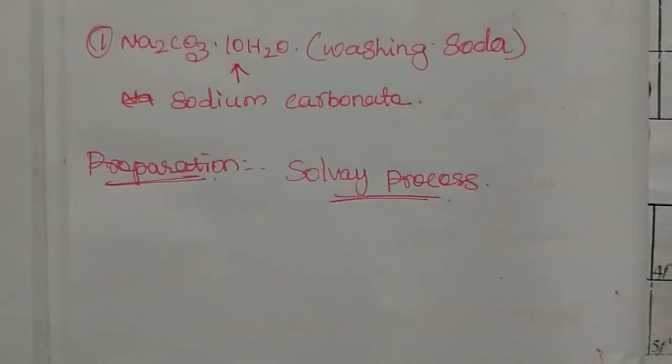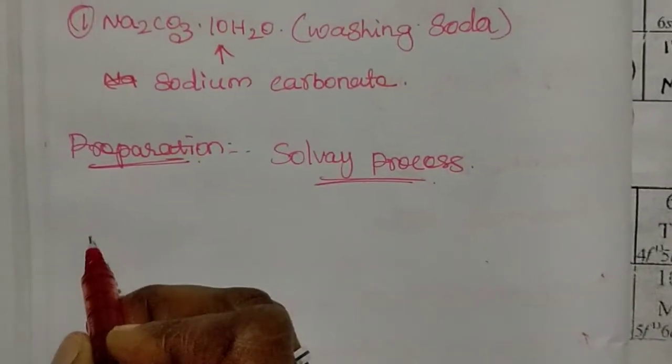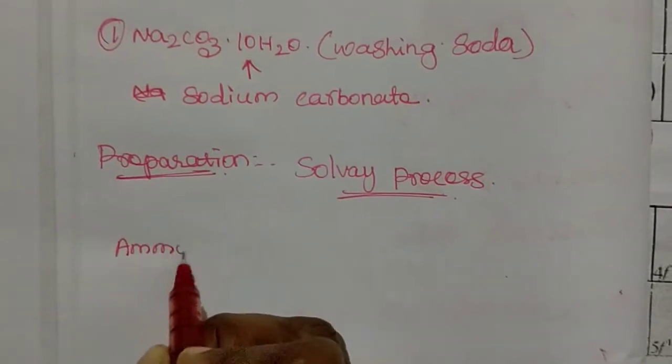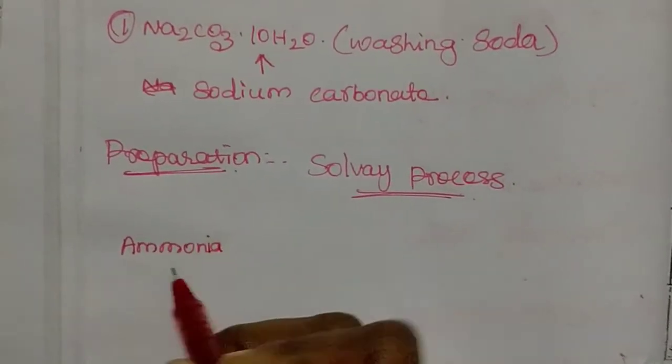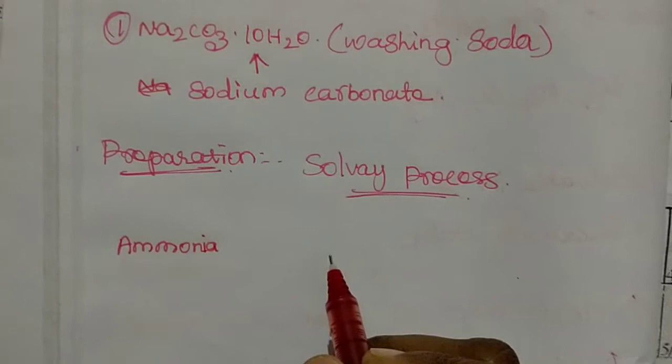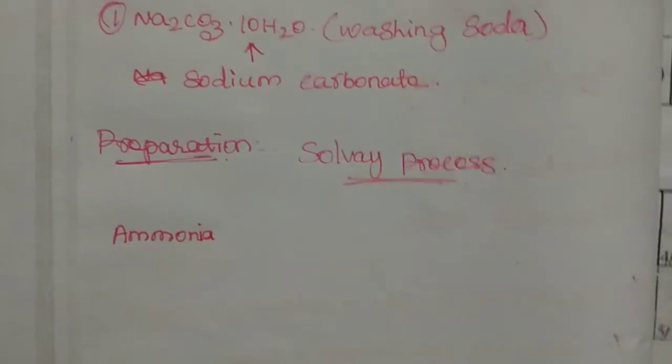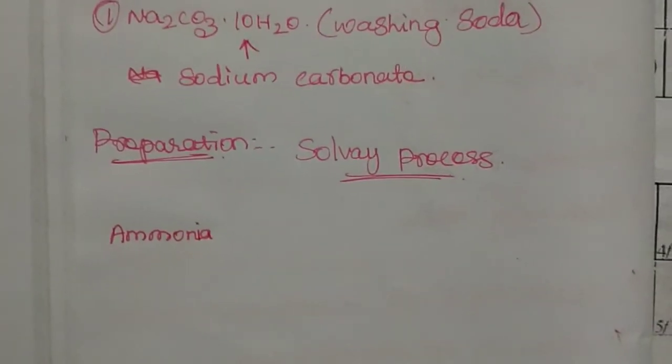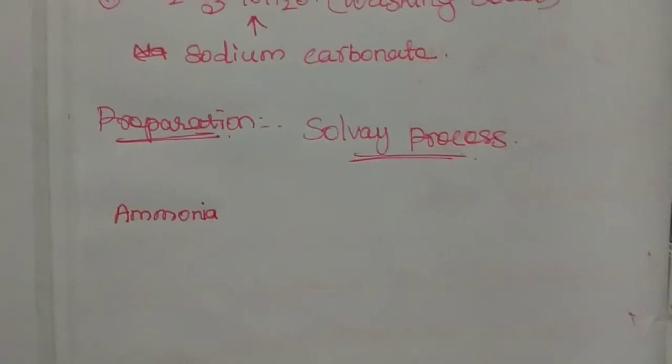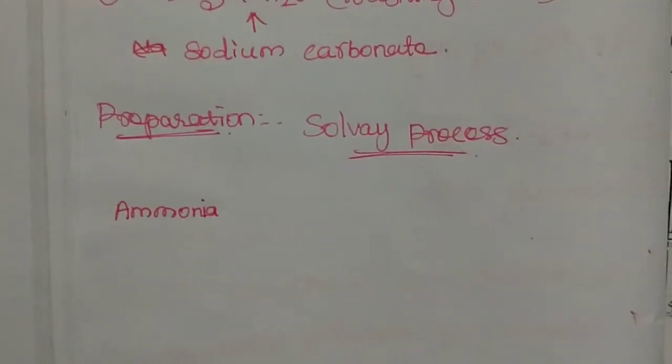For this we first take ammonia. Ammonia is converted into ammonium carbonate with the addition of water and carbon dioxide.